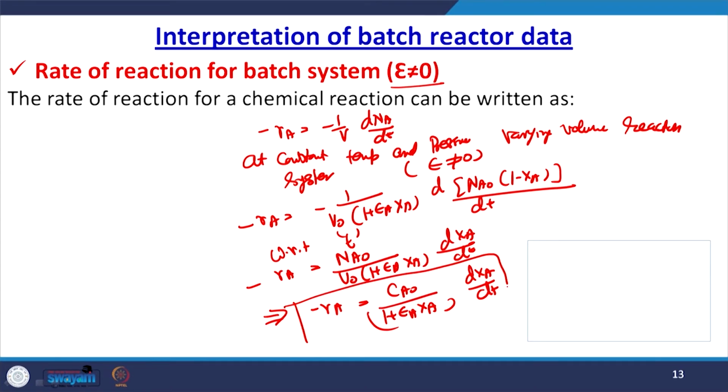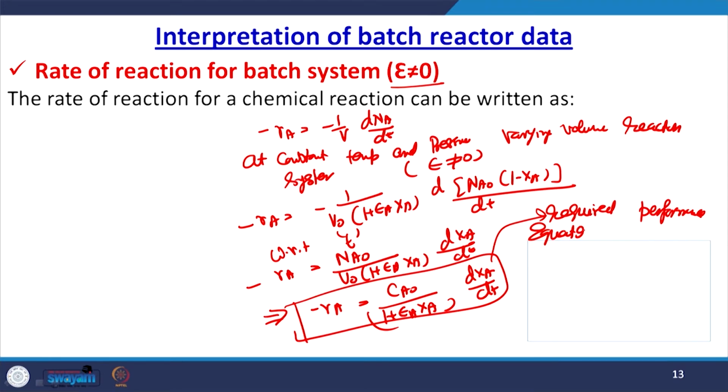This is my final equation, and this is the required performance equation for batch reactor system.